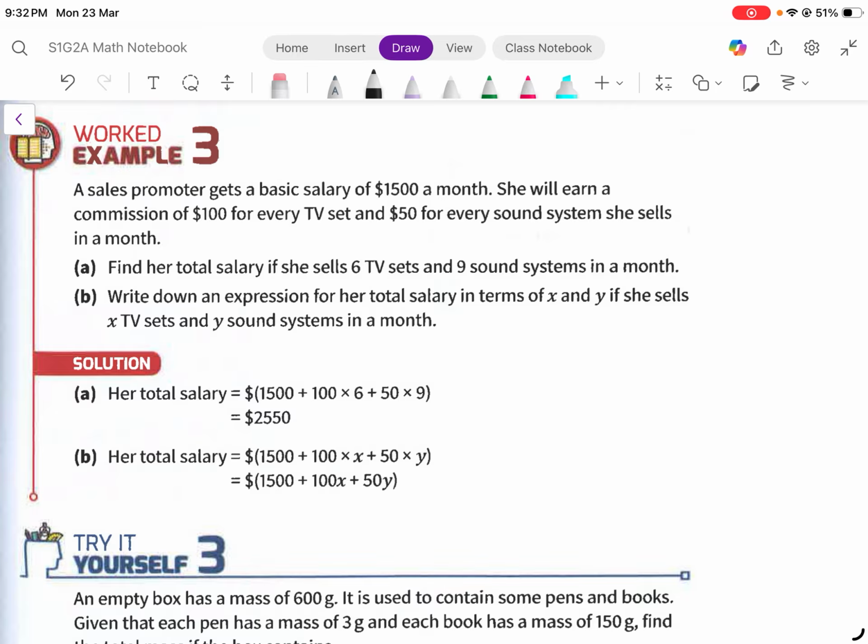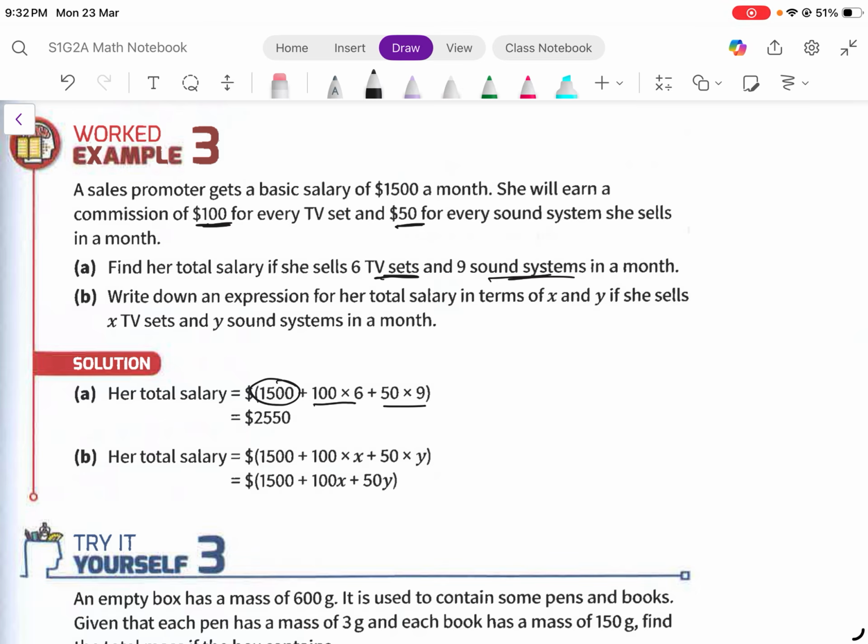Okay, so very simple. One TV set, she gets a commission of $100. One sound system, a commission of $50. Okay, so they ask you for the total salary in a month if you sell 6 TV sets and 9 sound systems. So basically 100 times 6, 50 times 9, plus the basic salary of 1,500.